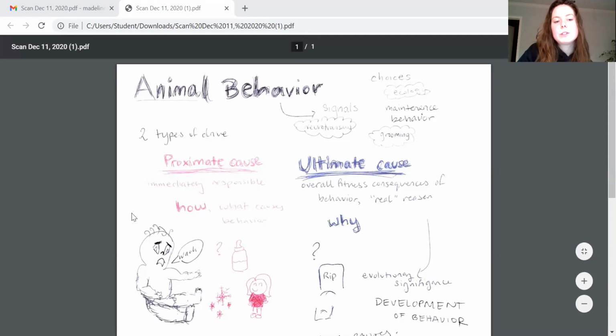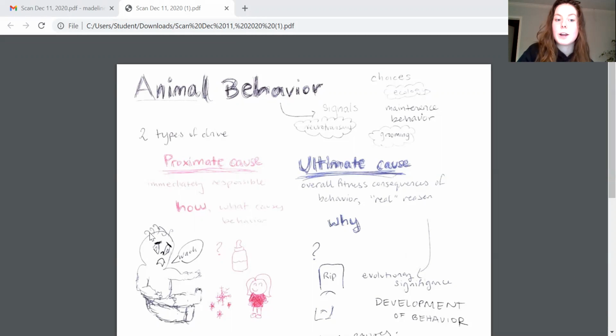I used an example of a crying baby. So this behavior is a baby crying. The proximate cause: maybe he's hungry, maybe he's cold, but he needs some sort of life-giving attention. And maybe he needs his mom. The ultimate cause is that life-giving part. So you think of why.